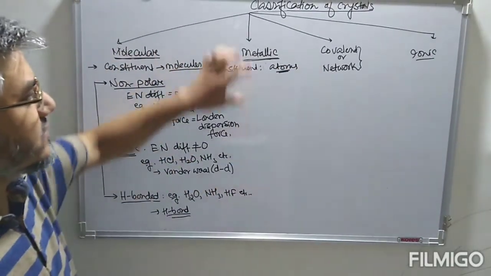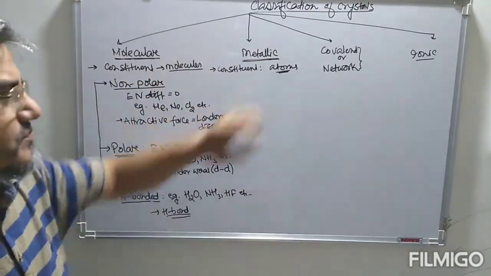So in metallic crystals, the constituent particles are metal atoms.